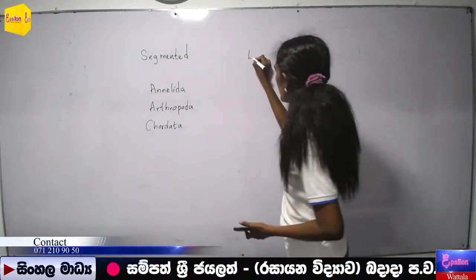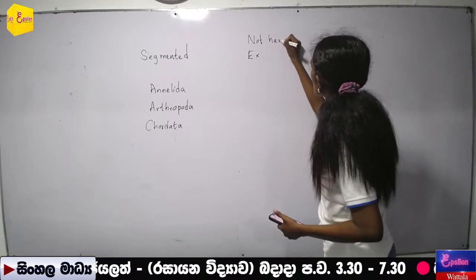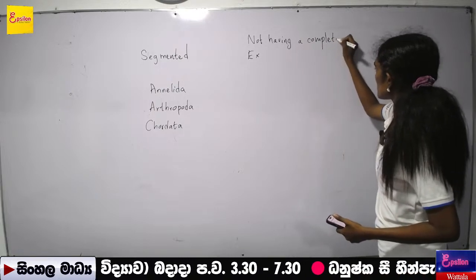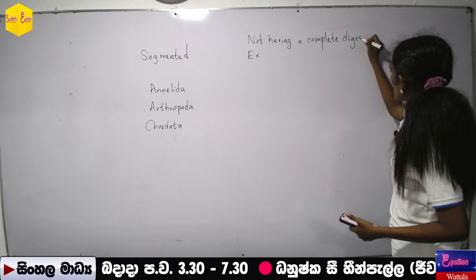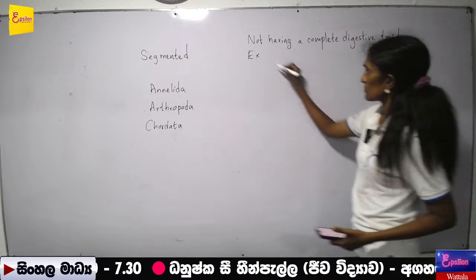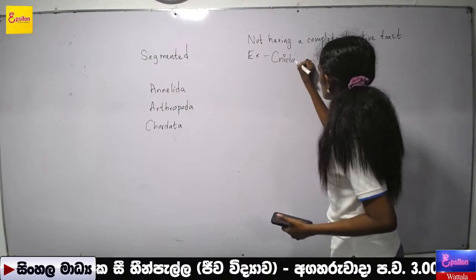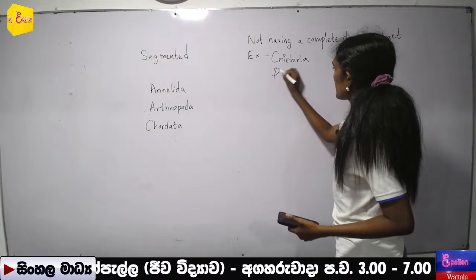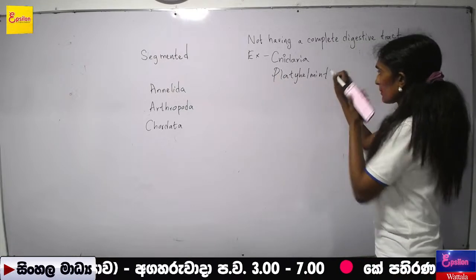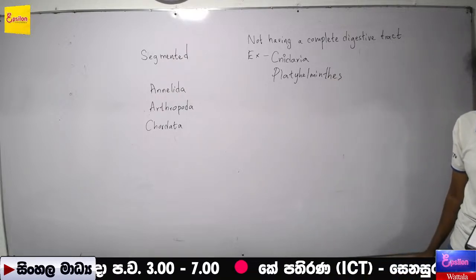Example animal phyla: Cnidaria and Platyhelminthes. All the other animal phyla that we know are having a complete digestive system.